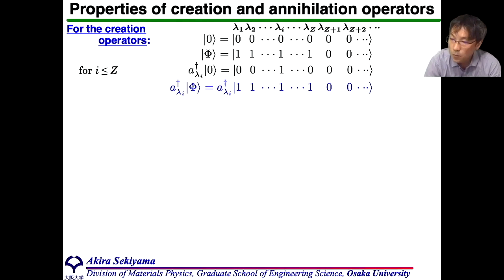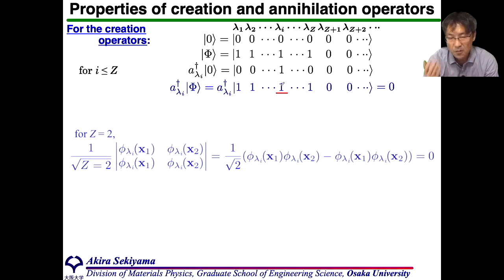But when we put an additional electron into the lambda I state, which has already been occupied in the state phi, we cannot put it in the same state. The state becomes zero. I forgot to say the nature of the Slater determinant. If we put the same one-electron wave function into the Slater determinant, by calculation we understand that such a state is cancelled out and becomes zero.